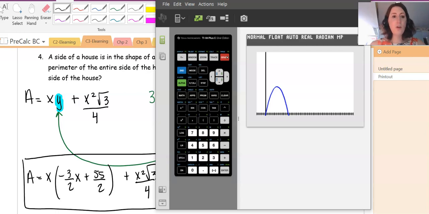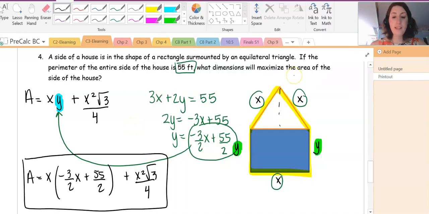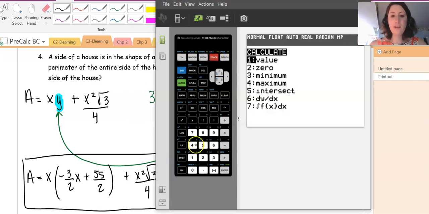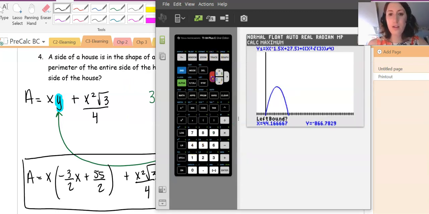But we're looking for the maximum area. So I'll just go ahead and do second trace max. Okay, left bound, right bound, guess.